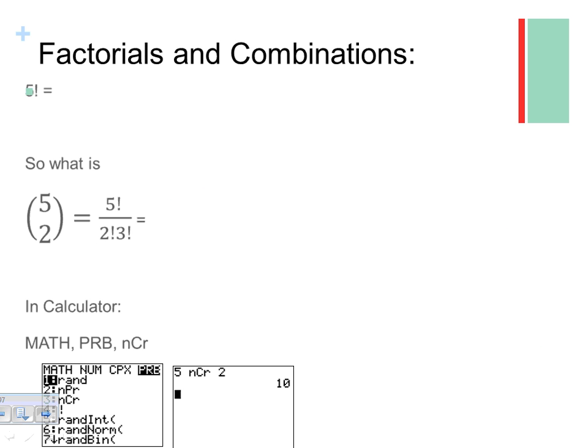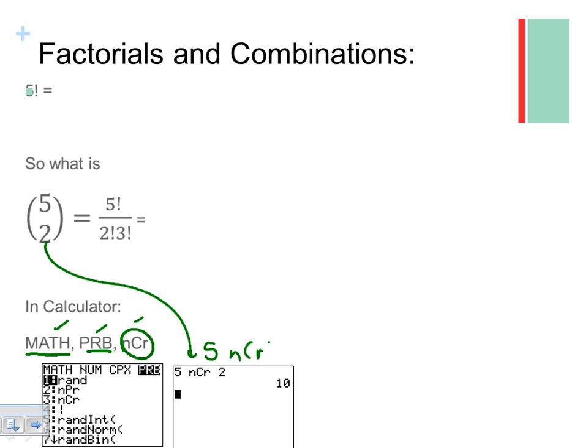Okay, so in your calculator, you can go to math, over to probability, and do n choose r. So if I wanted to do 5 choose 2, I would type 5 and then go math, probability, n choose r, and then type in the 2, and it gives me a 10. And that's what we found.